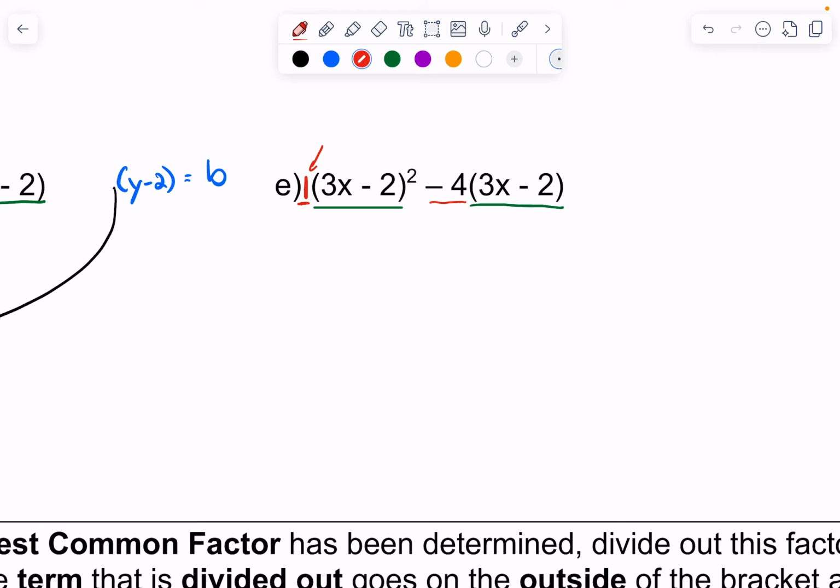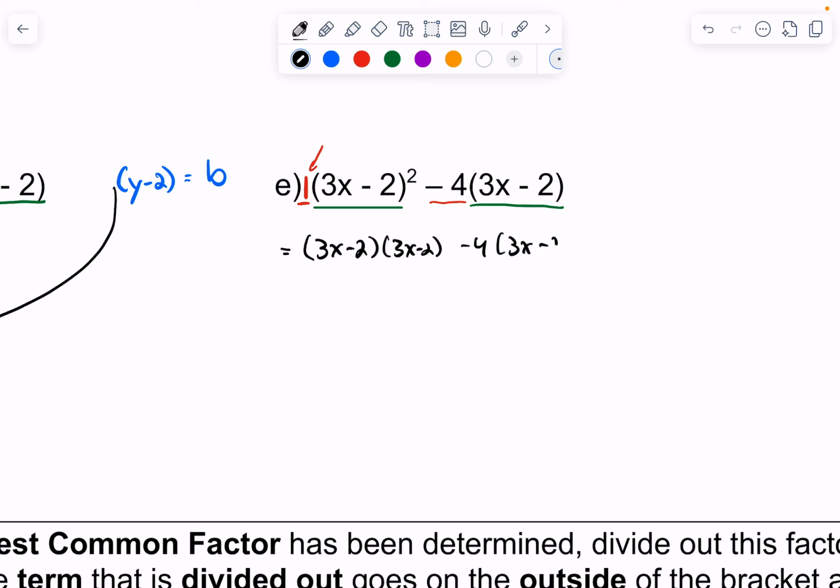But in terms of the ones we've underlined in green, you can see that both of those terms have that bracket underlined in green. But remember, this first bracket we're writing here, technically, because it's squared, there are 2 of them. There are 2 of these brackets, minus that 4.